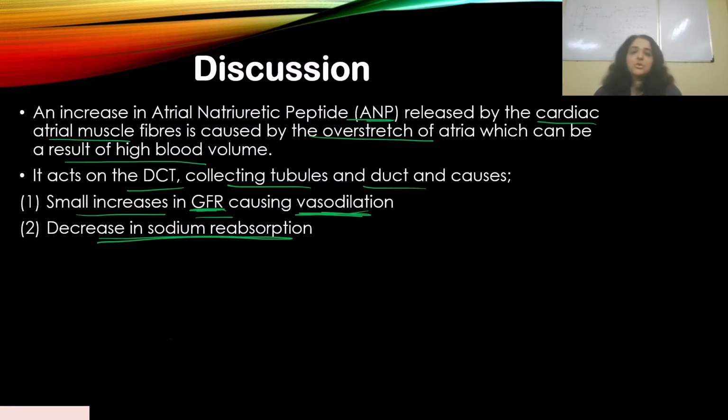Now what is our job? The point of this ANP is to decrease the blood volume. We already have a lot of high blood volume or high blood pressure, so our job is to decrease it. It causes vasodilation, which allows more blood to be filtered, and it decreases the sodium reabsorption.